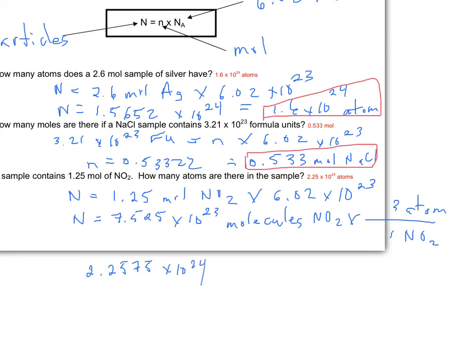Now I need to round my final answer using my sig-dig rules. The 1.25 in the original question has 3 sig-digs, and so does Avogadro's number. So I need to round this to 3 sig-digs. 2.26 times 10 to the 24 atoms.